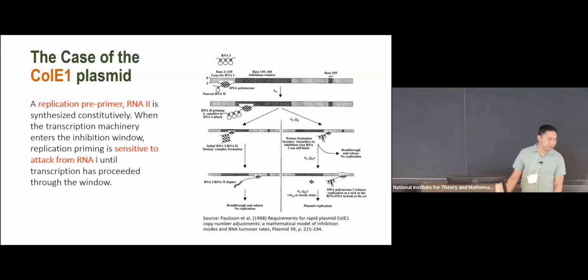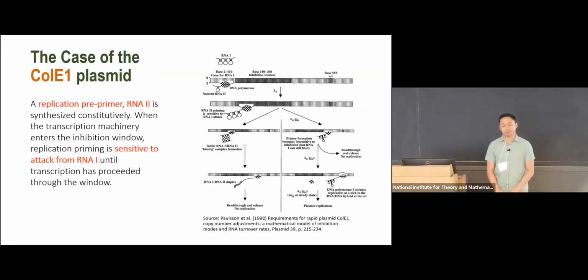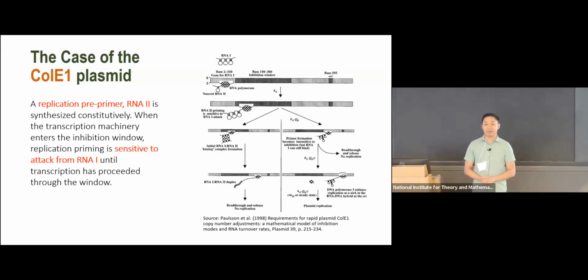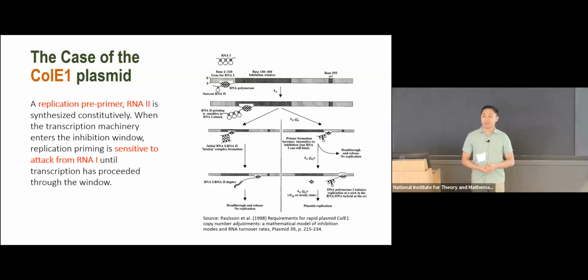We would talk about the case of ColE1, which is a type of high copy plasmid. Usually, the copy number is around 30 to 50, and it is replicated in a process in which you have an RNA2, which is a pre-primer. In the process of replication, this pre-primer gets attacked by RNA1, and they form a kissing complex.